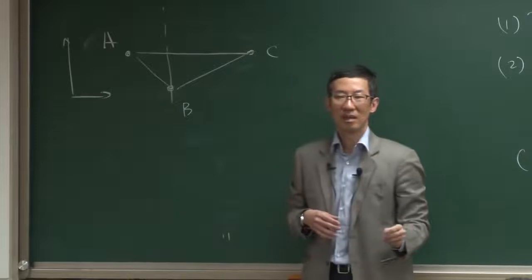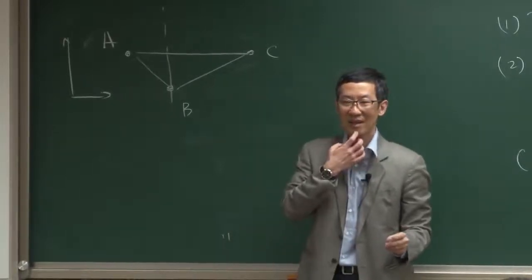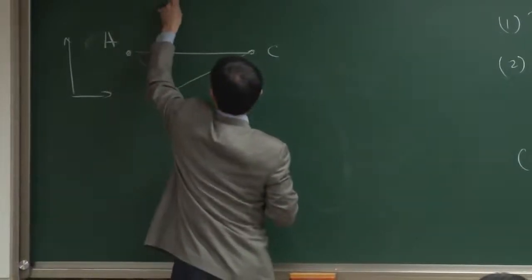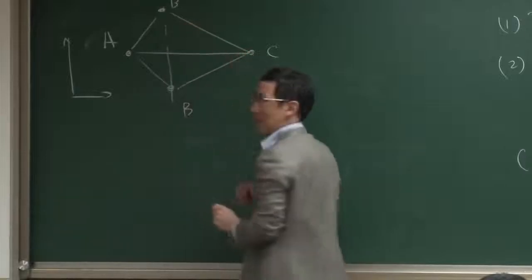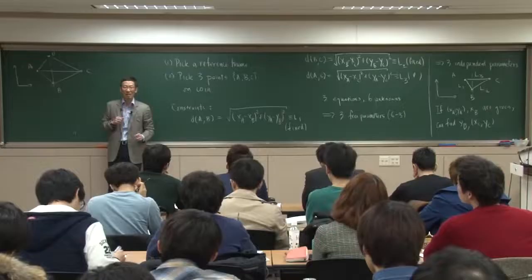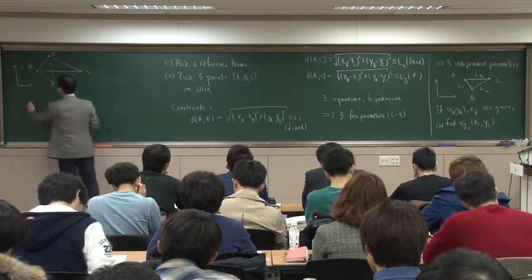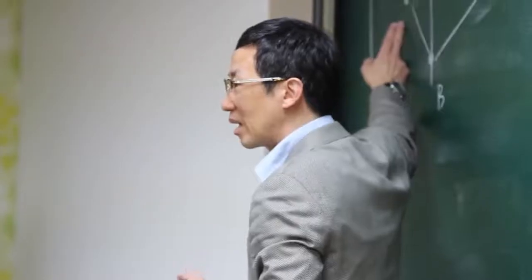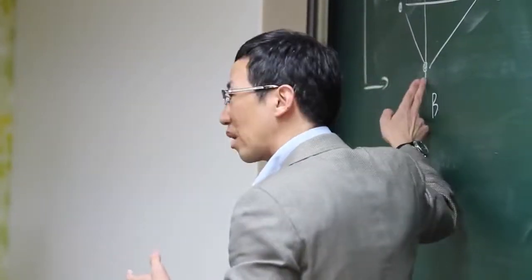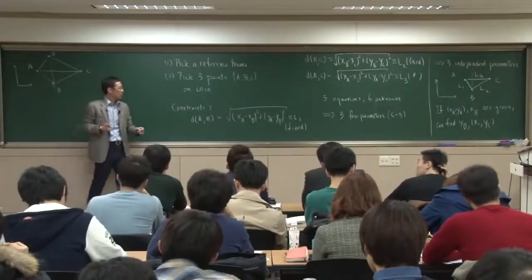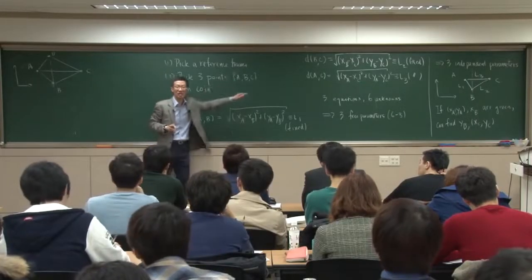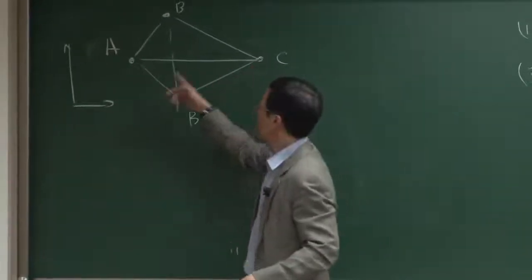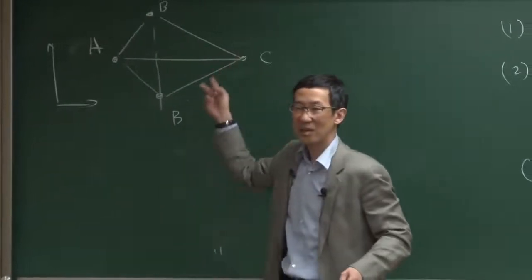But there's another solution. What is it? Well, it turns out that's also a solution too. So given the location of point A and given the x coordinate for point B, if I solve these three equations, then I can get this set, or I can get this set. So there are two solutions here.